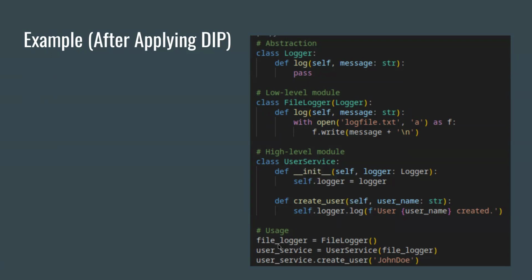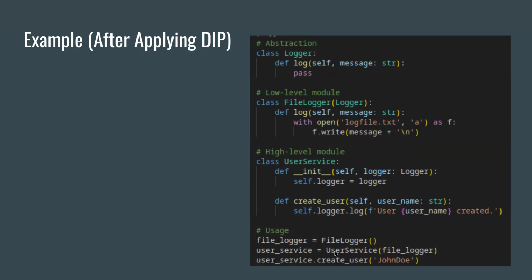And we can see that we are calling the FileLogger constructor and assigning it to a variable, and then we're calling UserService and passing in the file logger, and then we're calling create_user.